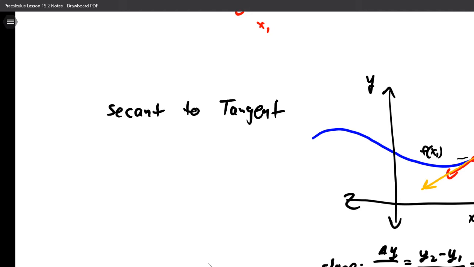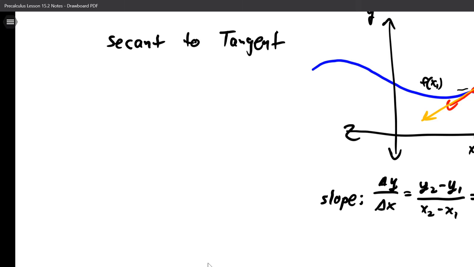Then we subtract from that our first y value, which is f of x sub 1. All that is divided by our second x value, which is x sub 1 plus h, minus our first x value, which is x sub 1.